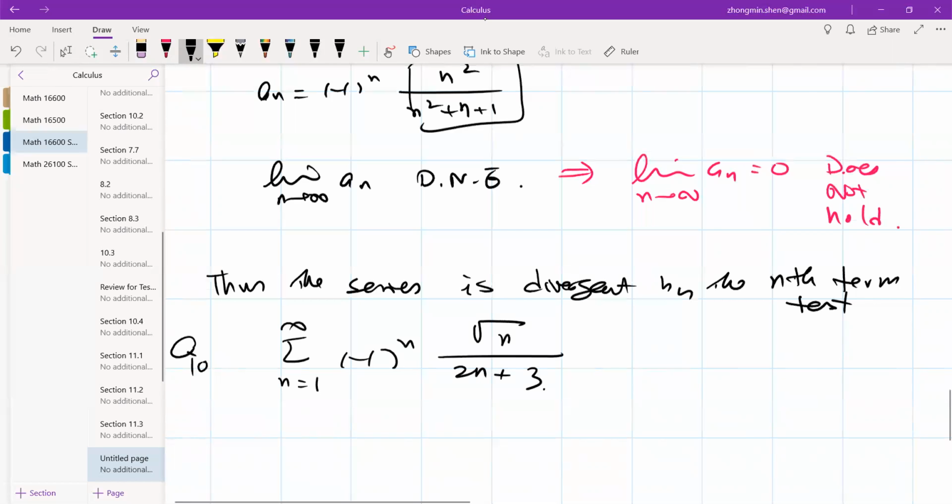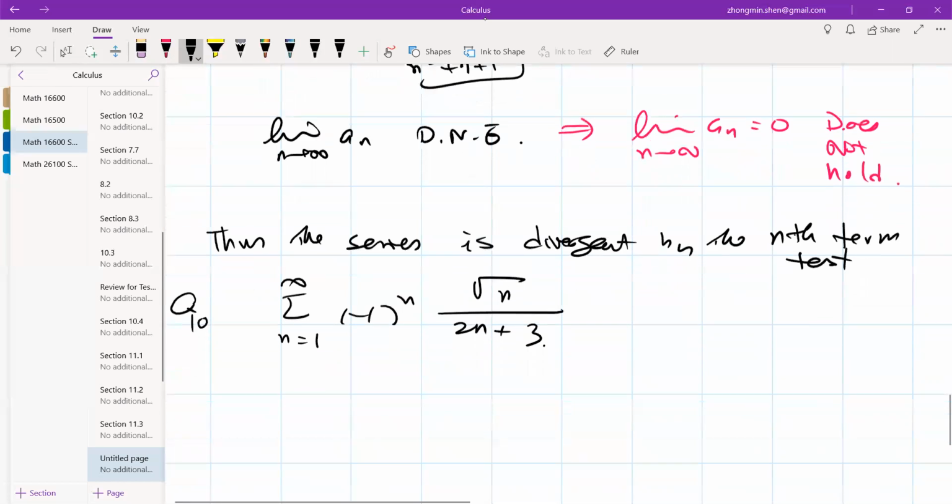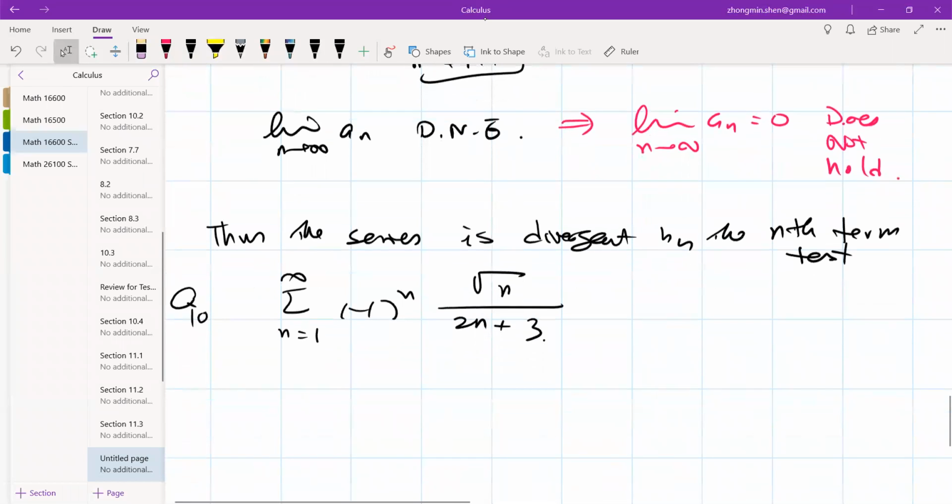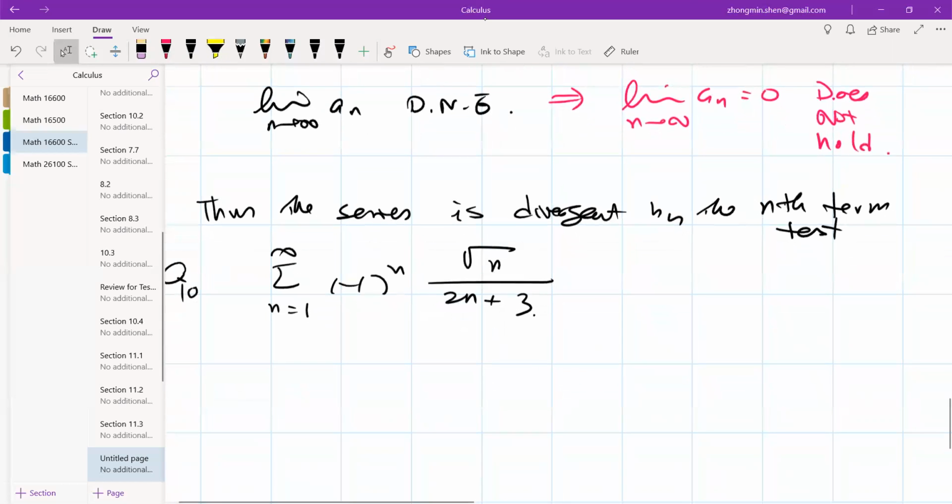I can see that, I don't need to check that. When you know it's convergent, you just work in that direction. If you think it is divergent, then use the nth term test to prove it's divergent. Okay, so this is why this is convergent.